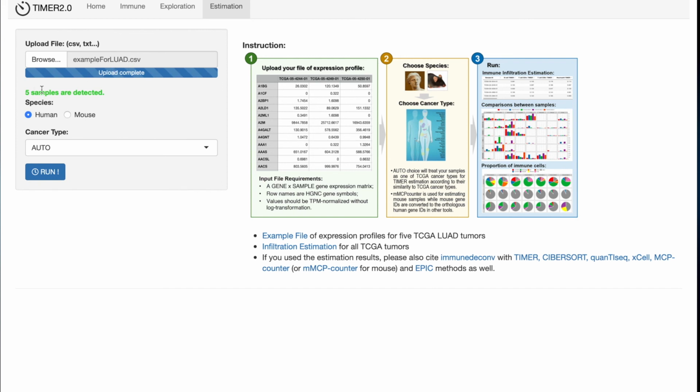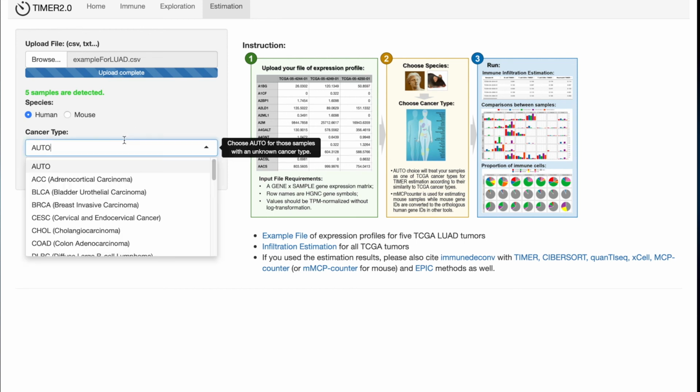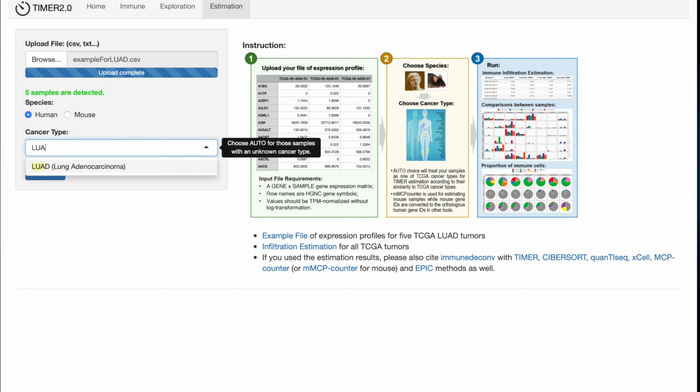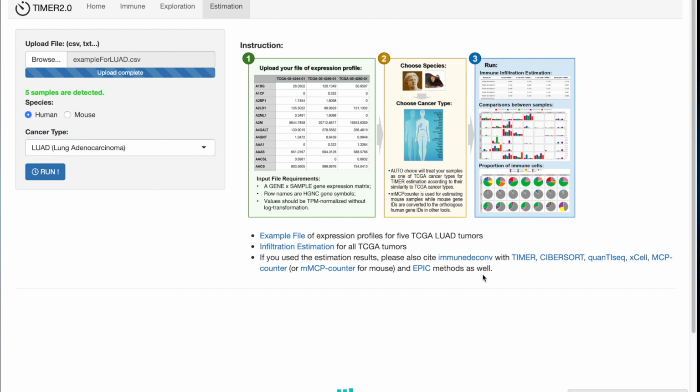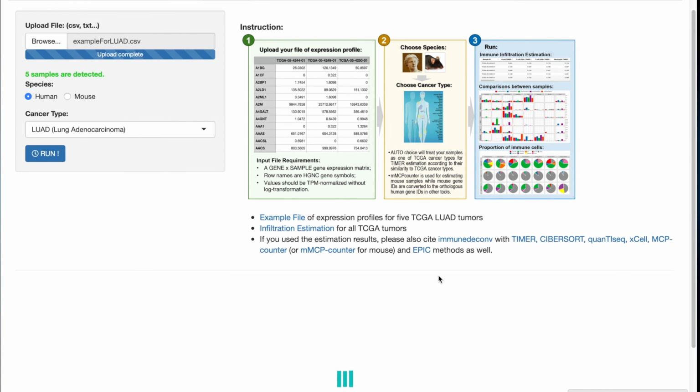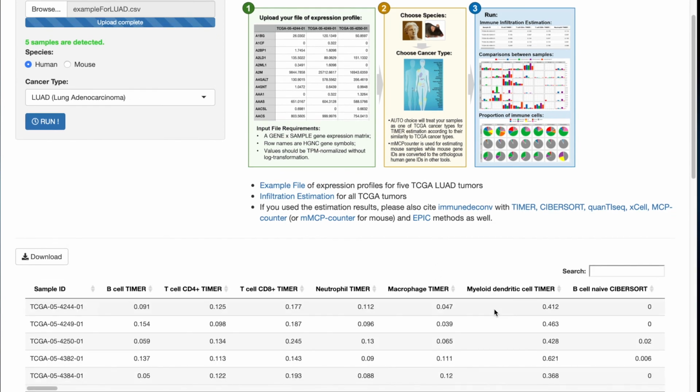This is 5 samples from the TCGA lung cancer, and we can choose the species for these samples, which is human, and also choose the cancer type, which is lung adenocarcinoma, and click Run. After several seconds, you can see first there is a table.